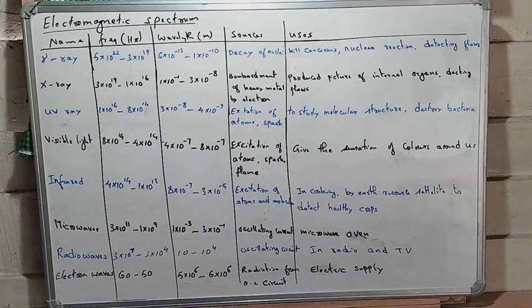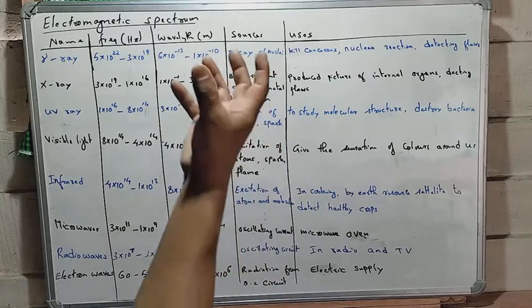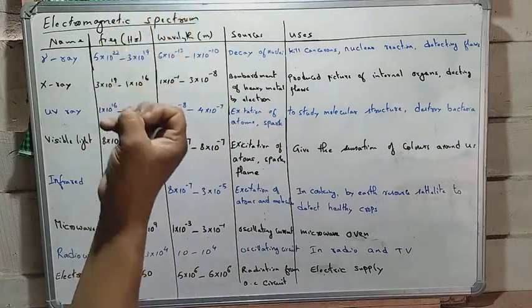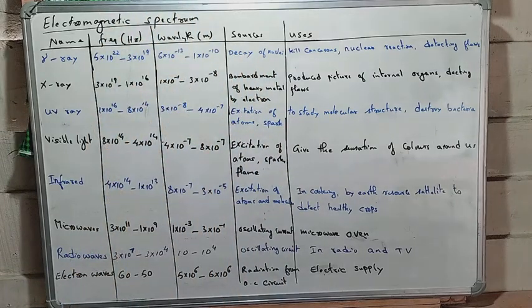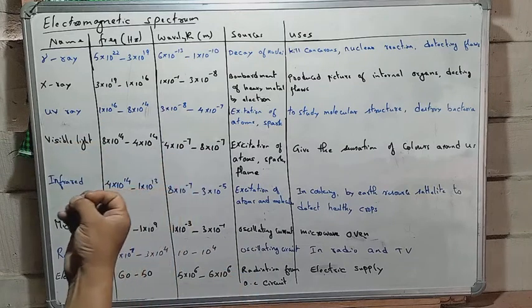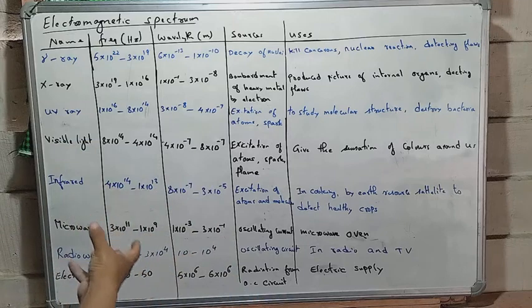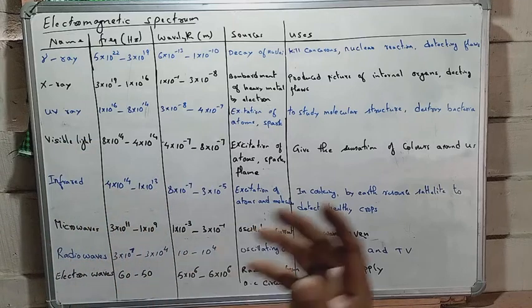You can see this board because of the light coming from the bulb or from the sun. The sun always produces visible light, and because of this visible light we are able to see the different colors of the things around us.